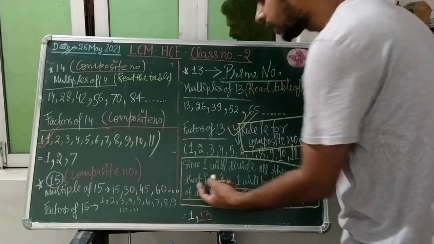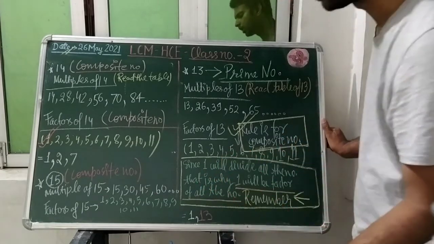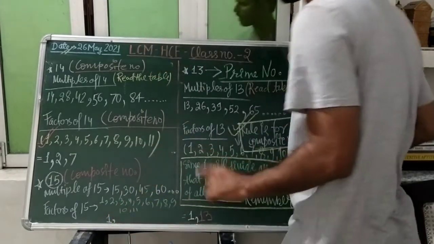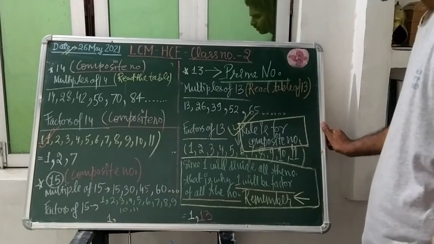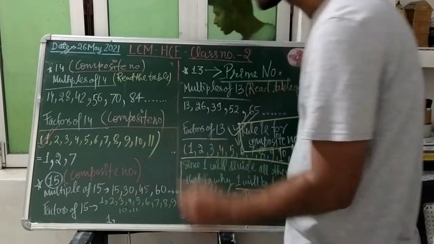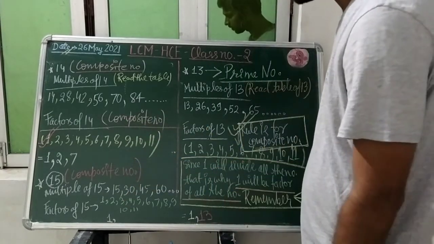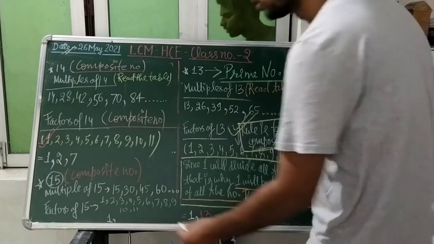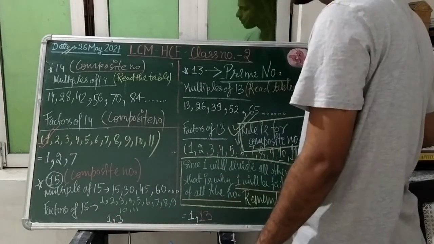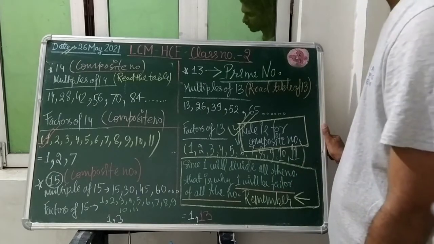So 1 is the factor of all numbers. Always 1 will be present in the factors. Will 2 divide 15? No. Will 3 divide 15? Yes, students, 3 fives are 15. So 3 will be a factor of 15.